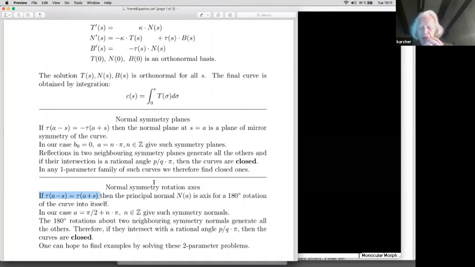And that means if two neighboring symmetry normals intersect at a rational angle, then automatically you get a closed curve. So we have reduced the problem to solving two parameter problems to get closed curves.